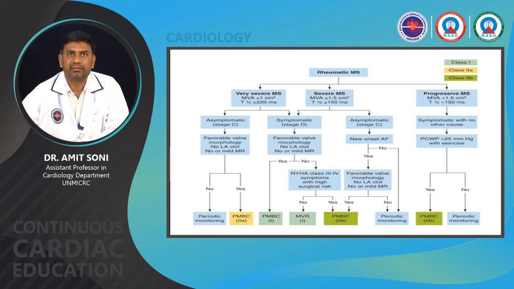If the mitral stenosis is very severe, that is the mitral valve area is less than 1 centimeter square and the pressure half time is more than 220 milliseconds. Now coming to the symptoms, if the patient is asymptomatic at the time of presentation, and favorable valve morphology is present, no LA clot, no or mild regurgitation, then we can go for PTMC.